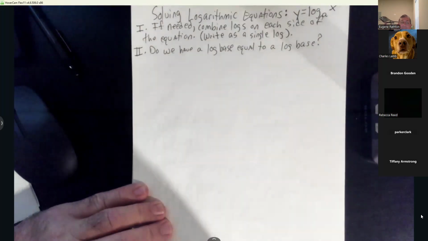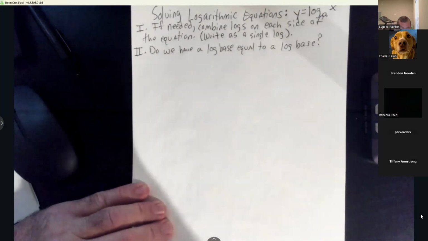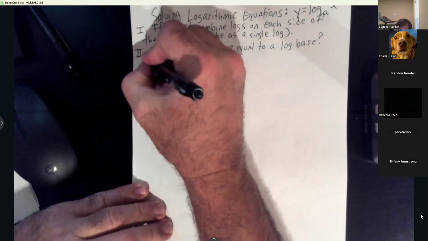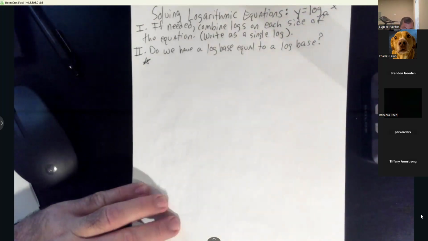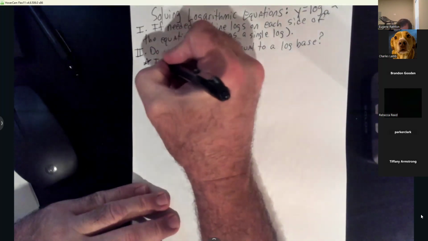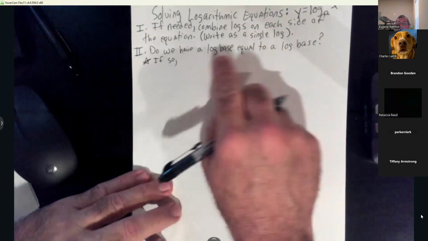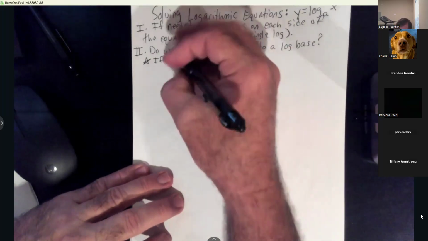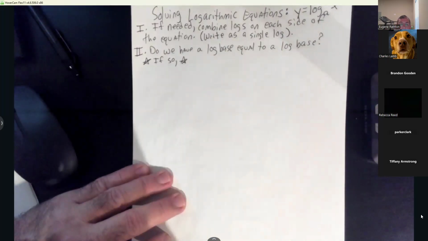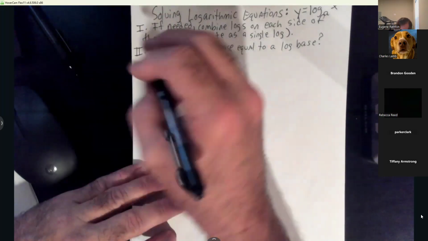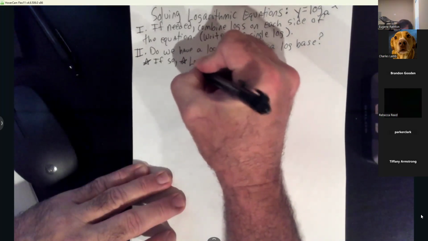That means on each side, you got to have a log on each side of the equals, okay? If so, this means if we do have a log base equal to a log base, we can invoke what we call the logarithmic equality.